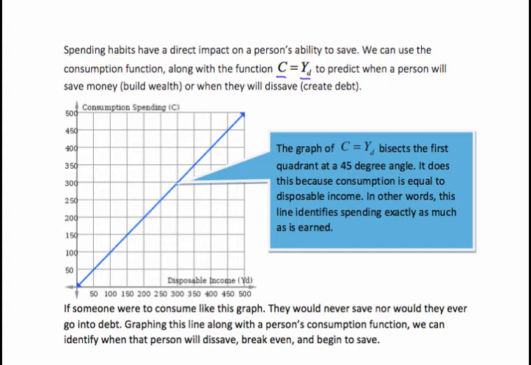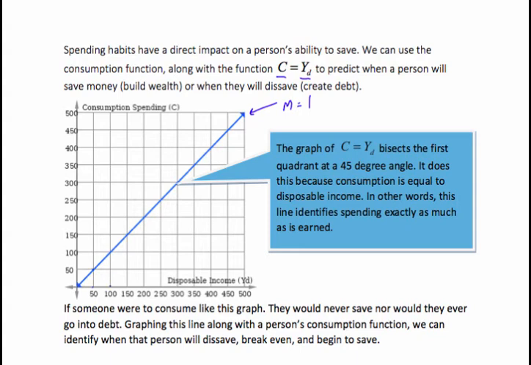And so here we have the graph of C equals YD right here. And you notice it just travels up at a 45-degree angle, meaning this thing has a slope of 1. And this line represents basically spending every cent that you make. So if we earn $50 of disposable income, we're spending $50.